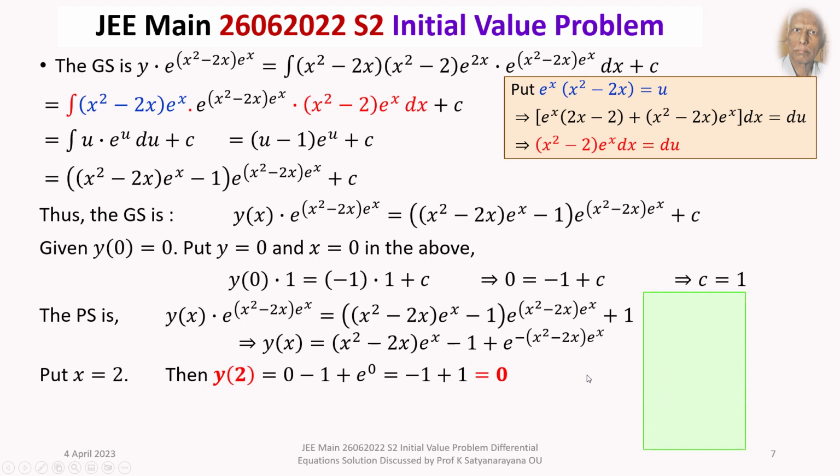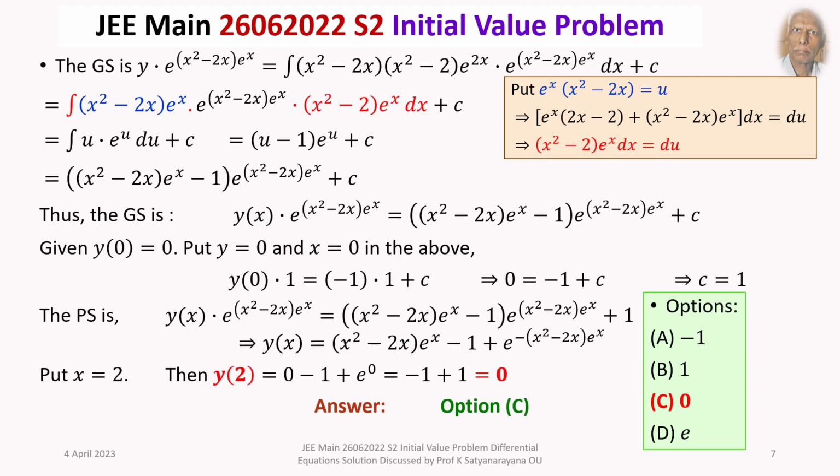Let's look at our options. Our answer y of 2 is equal to 0 appears against option C. Therefore, the answer to this question is option C. That is the detailed discussion of the solution of the problem from the section differential equations.